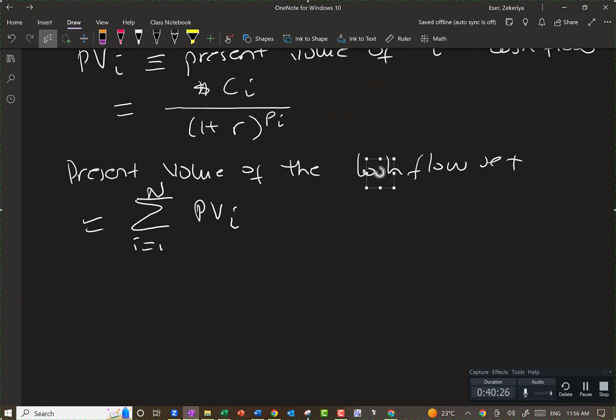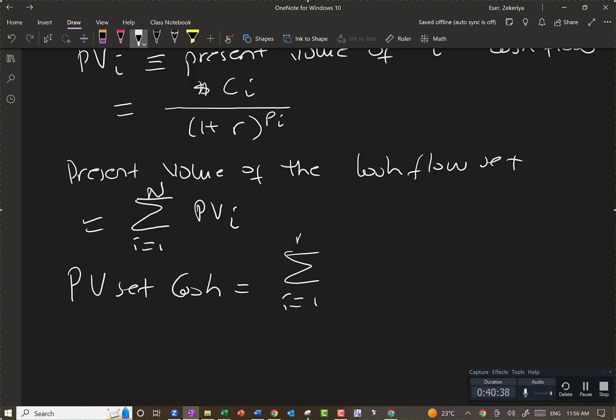For PV set cash, I calculated the sum of the present values, right?